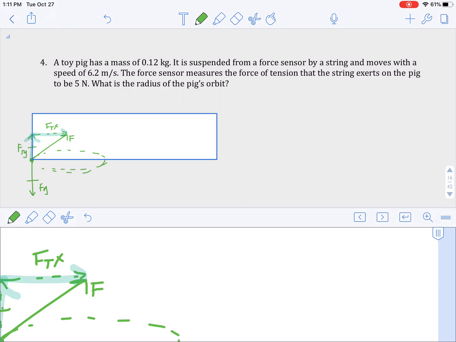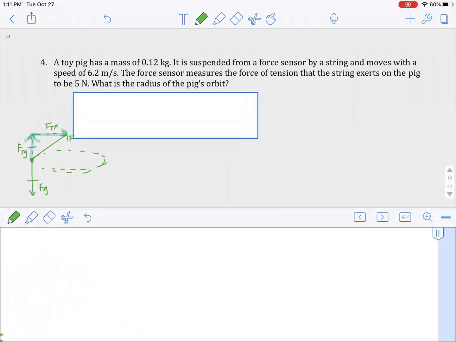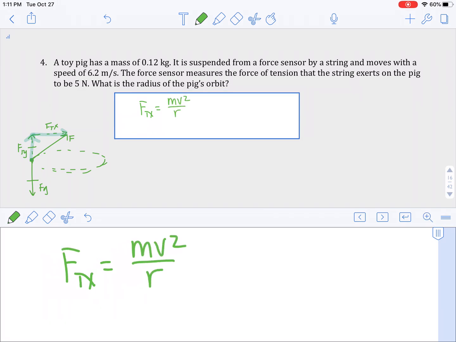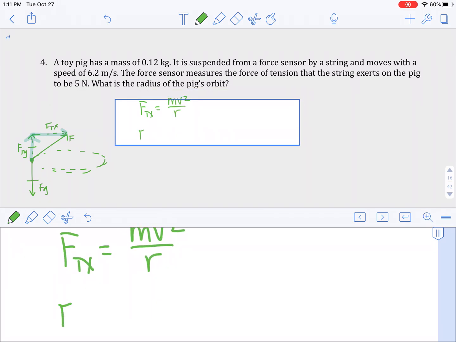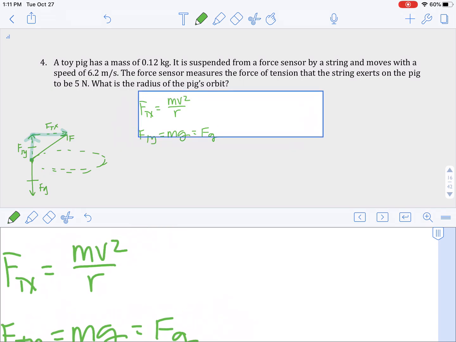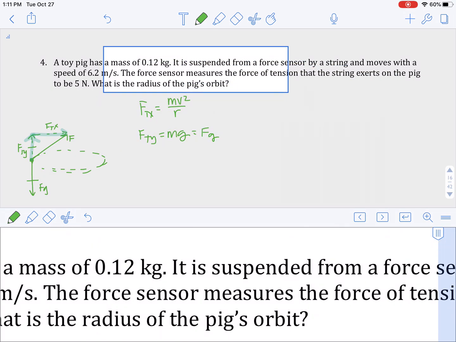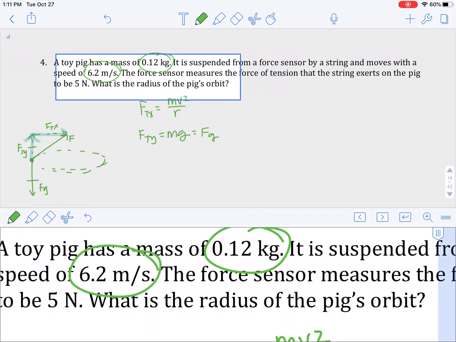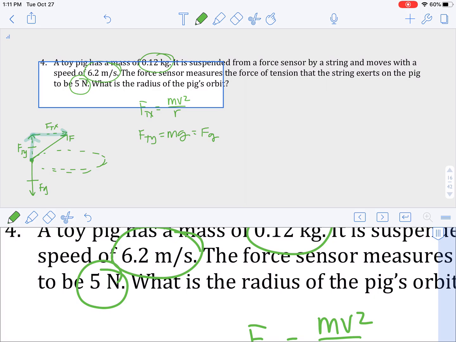But we are given some other information. So we're given mass. We want to always write that down. We always want to write down that FTY is equal to FG. So we are given the mass, we're given the velocity, and we are given FT in the string.